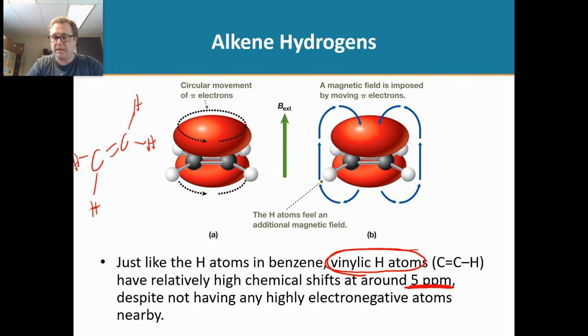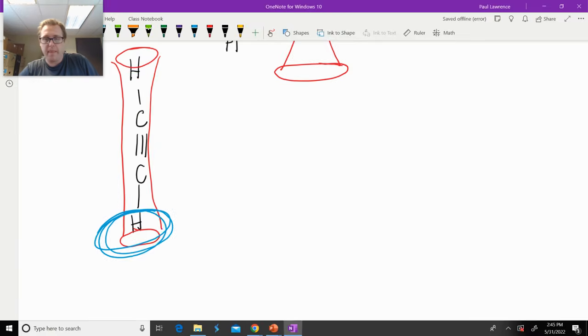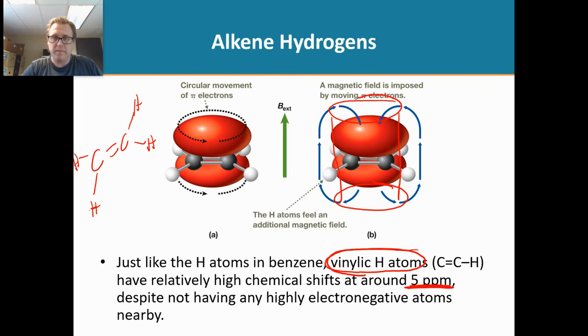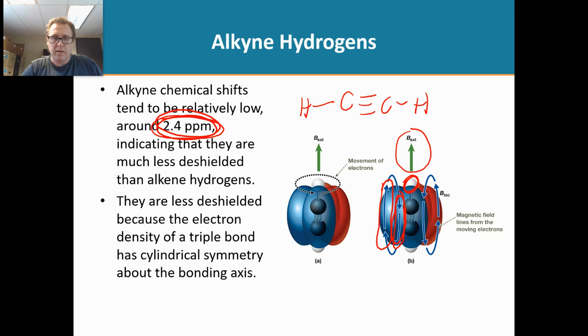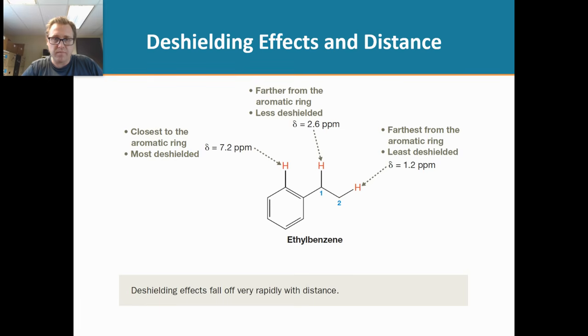So if I take this image here, our shielding cone would be like that. So that explains why the chemical shifts for alkyne hydrogens are not as large.